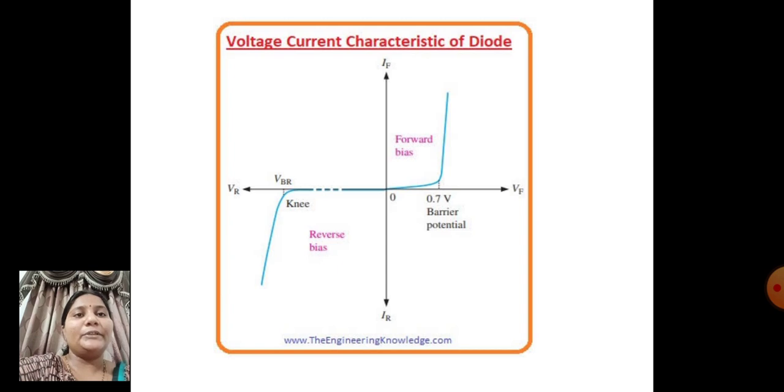Now, coming to the behavior or graph of the PN junction diode in reverse bias condition. Again, I am going to increase the reverse voltage VR from 0 to a particular value.